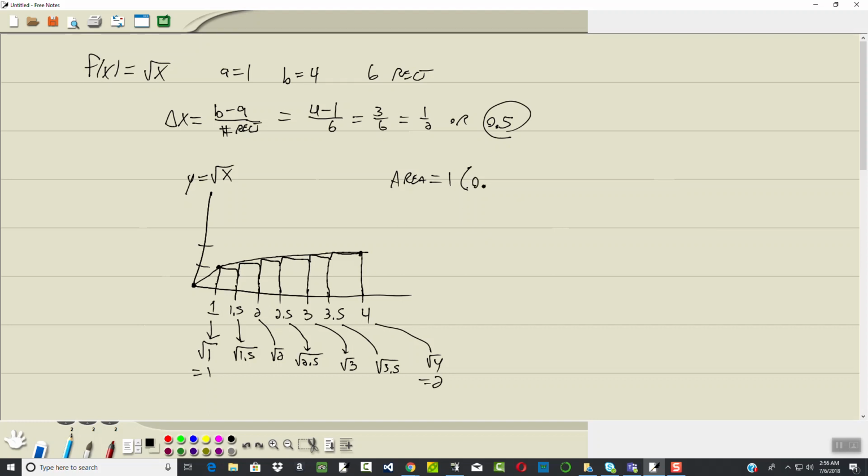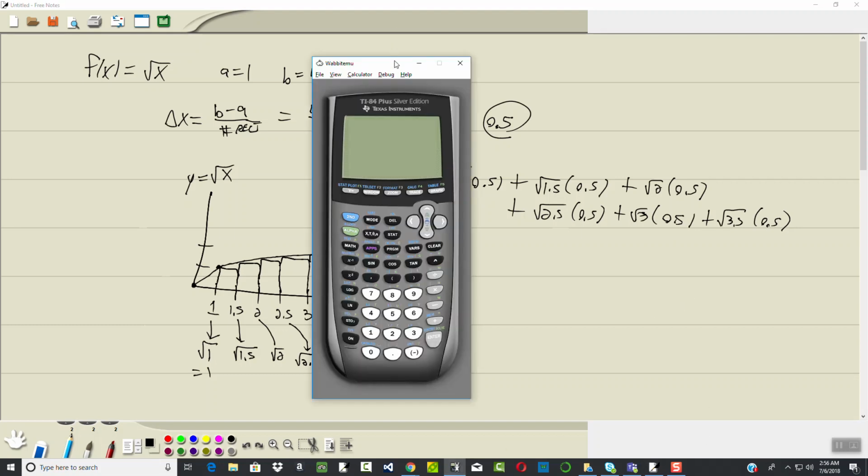So this height here, the 1, times the width. So we're going to have 1 times 0.5 plus the width for this one right here is square root of 1.5 times my width, which is 0.5, plus the square root of 2 times 0.5 plus square root of 2.5 times 0.5 plus the square root of 3 times 0.5 plus square root of 3.5 times 0.5. Okay, now if I plug that in my calculator.